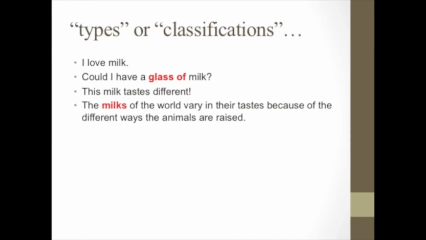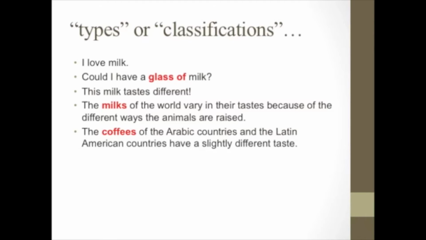Thus, you could say, the milks of the world vary in their taste because of the different ways the animals are raised. The same is true for coffees. The coffees of the Arabic countries and the Latin American countries have a slightly different taste.